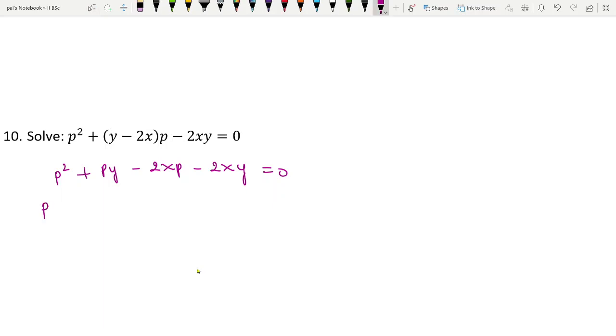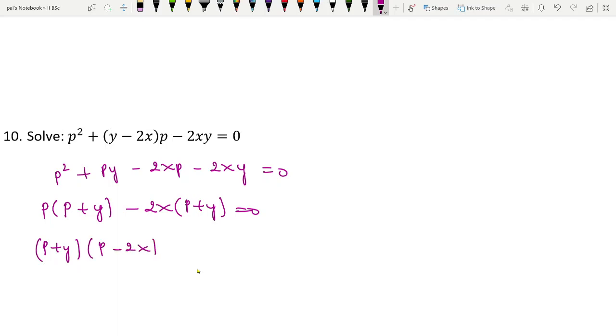So remaining is p plus y, minus, here you take 2x as a common factor, remaining is p plus y is equal to 0. So take p plus y as a common factor. So remaining here is p minus 2x is equal to 0. So that is p plus y is equal to 0 and p minus 2x is equal to 0.